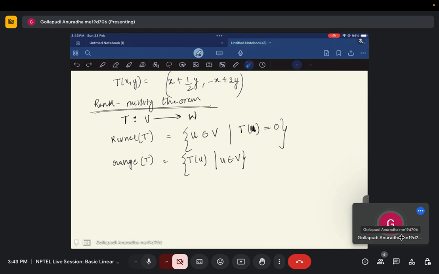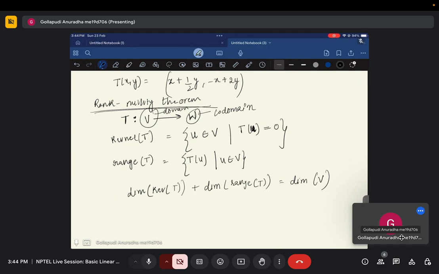Okay, and then the dimension of the kernel of T plus the dimension of the range of T is going to be equal to the dimension of V. This is called the domain, and this is called the codomain.